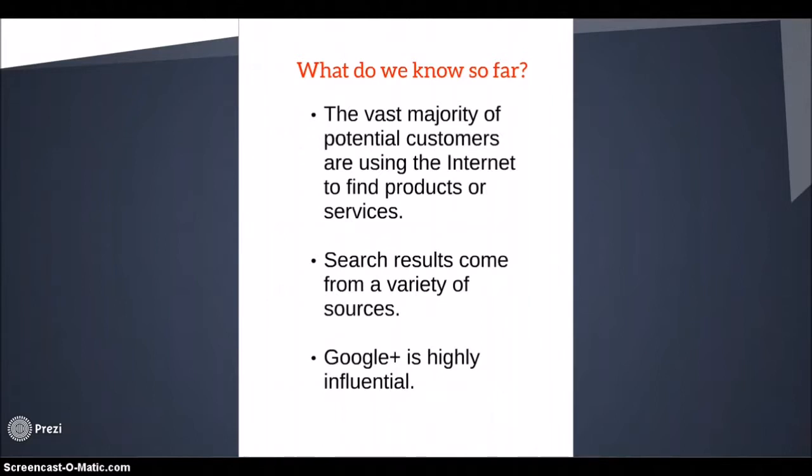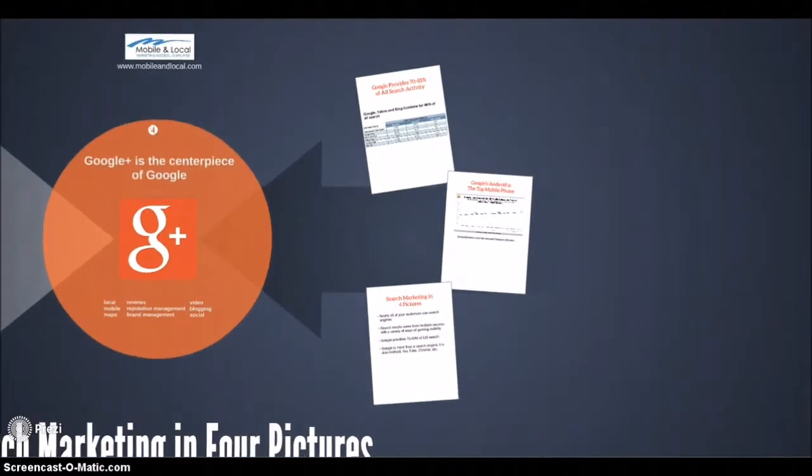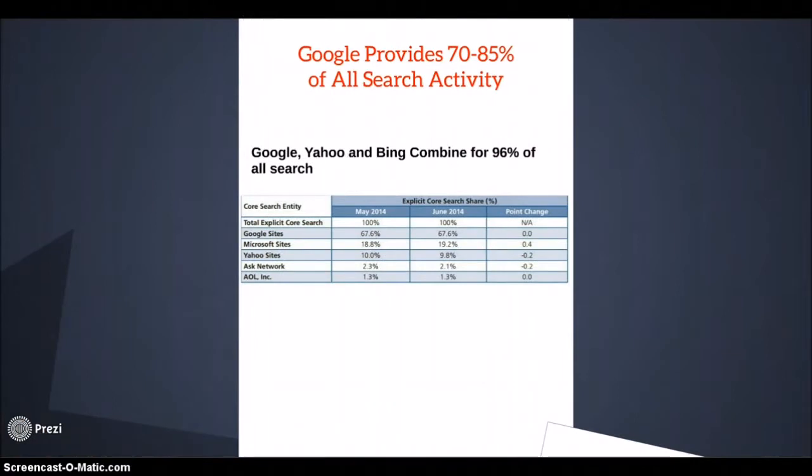Now, we're talking a lot about Google, and there's a reason for that. Google, and this is the third point to take away, provides between 70 to 85% of all search engine activity. If you combine Google, Yahoo, and Bing, they make up 96% of all search activity. So the big 3 provide 96% of all search, leaving 3 or 4% for everybody else.